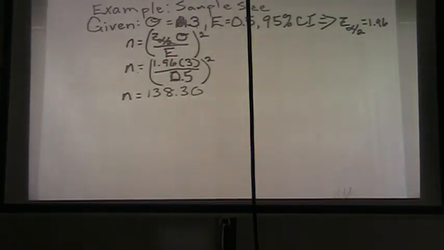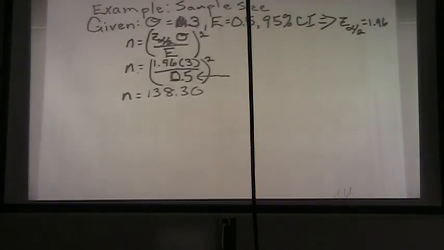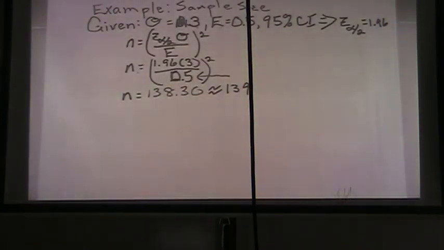Holy tuxedos, that is giant size, right? But it's because of making our error so small. And of course, we would go ahead and simplify that to be 139. We still can't get 0.30 of a sample.